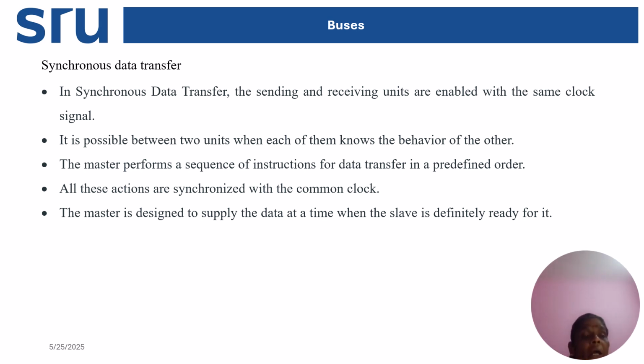First, in synchronous data transfer, the sending and receiving units are enabled with the same clock. Different clocks, no, because even if you give the same clock rate, suppose 20 megahertz applied to both, a certain amount of problem, delay, will occur because of the characteristics.